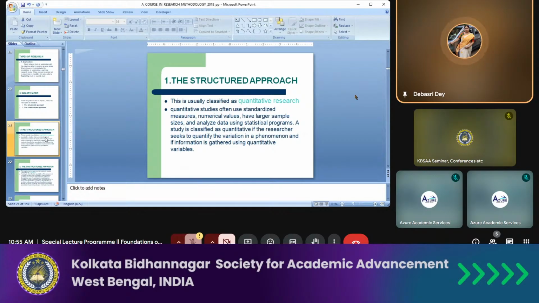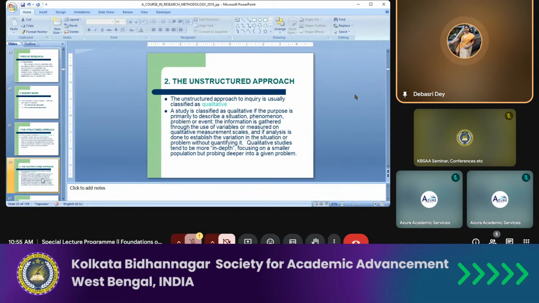So the structured approach is basically a jotting down of different numerical measures, different mathematical or statistical measures, all together in a series. But unstructured, whether quantitative, qualitative, whatever it may be, doesn't have any specific method. You applied, you succeeded, and your method then became standardized.